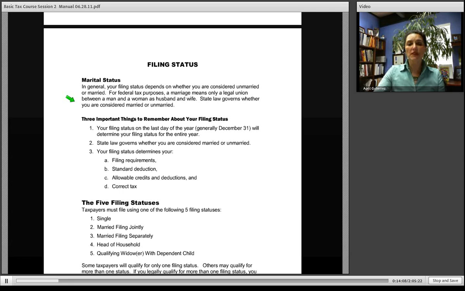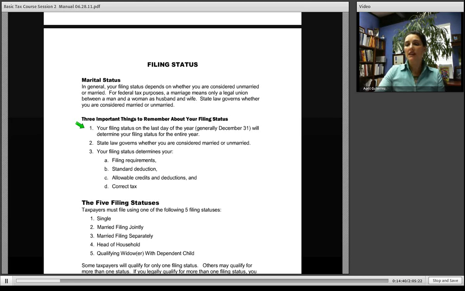There are 3 important things that you need to remember about your filing status. Number 1, your filing status on the last day of the year, usually December 31, will determine your filing status for the entire year. Number 2, state law governs whether you are considered married or unmarried. However, there are a number of states that do recognize same-sex marriage, and in that respect, the IRS does not recognize same-sex marriage.